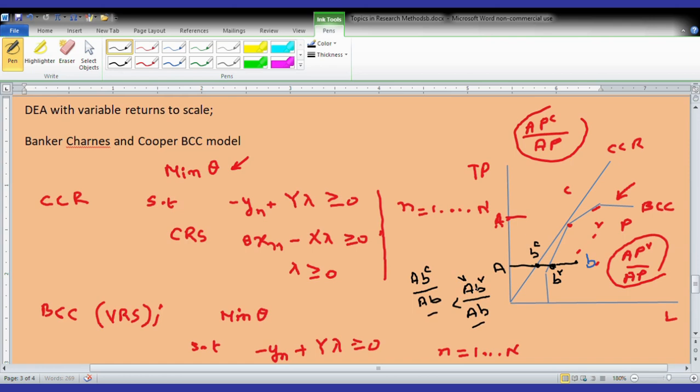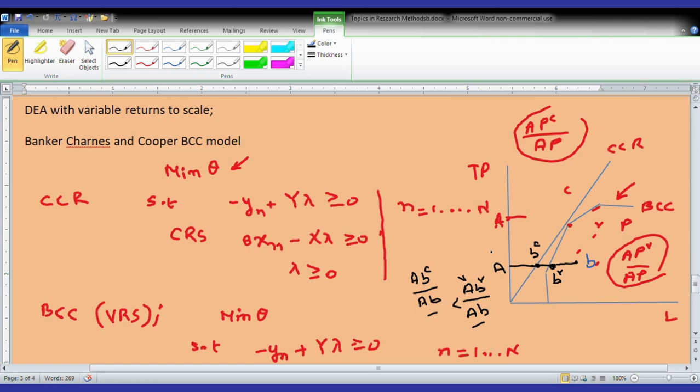So the numerator is greater than this numerator, and so this BCC technical efficiency score should be greater than the CCR technical efficiency score.